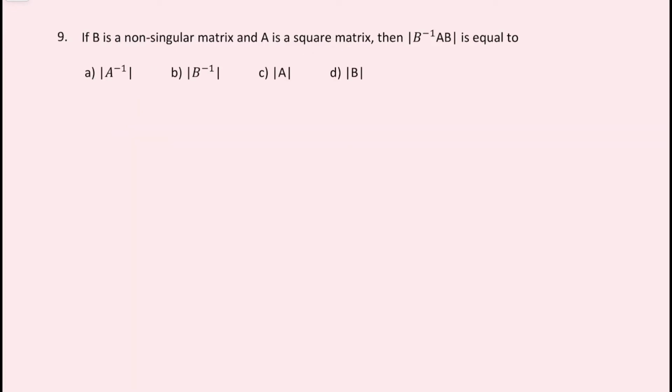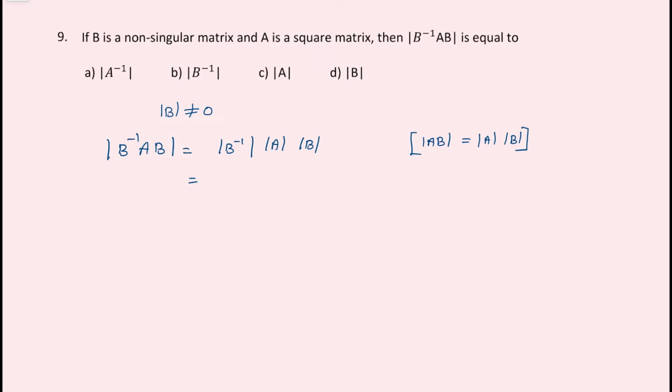Question number 9. If B is a non-singular matrix, what do you mean by a non-singular matrix? Determinant value is not 0. And A is a square matrix, then the determinant value of B inverse AB is equal to. Determinant of B inverse AB can be written as determinant of B inverse into determinant of A into determinant of B, using the property determinant of AB is determinant of A times determinant of B. And we know that determinant of B inverse is determinant of B the whole power minus 1.